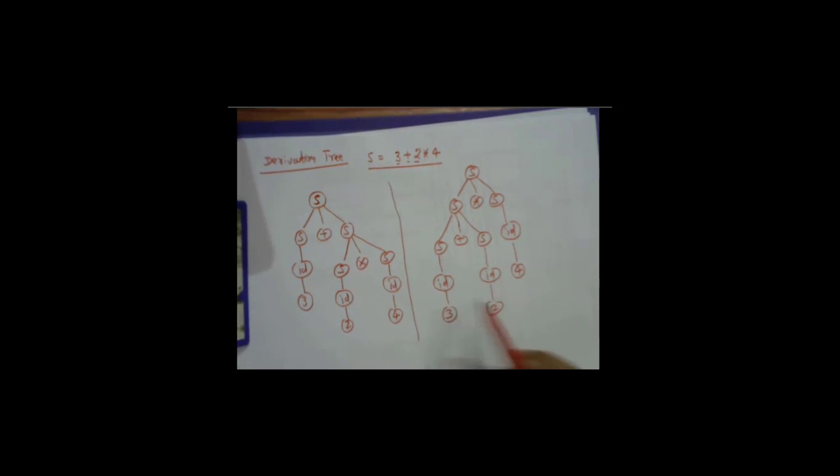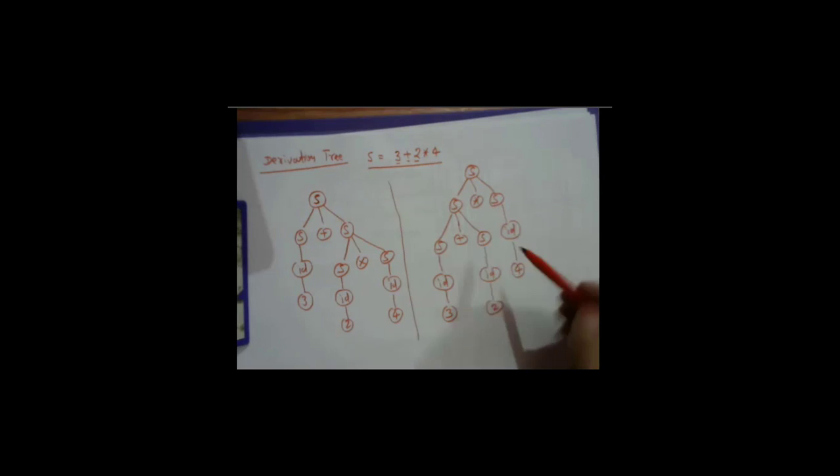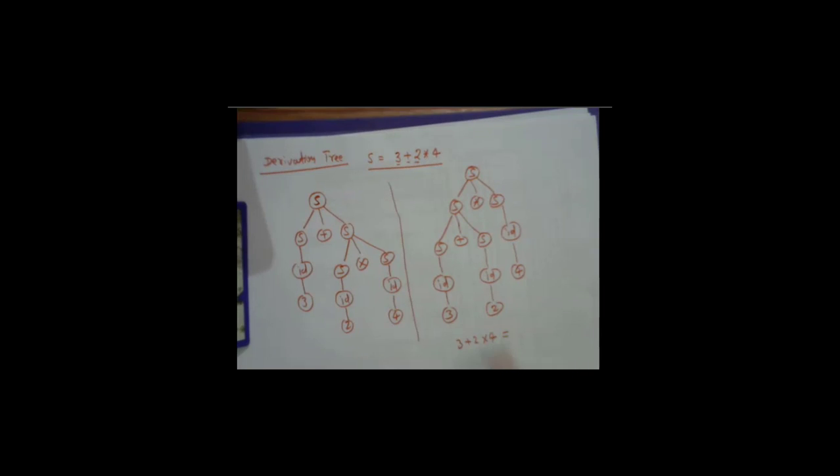And in this tree, if you calculate the result, then you get 3 plus 2 is 5, and 3 plus 2 into 4 is equal to 20. And here 3 plus 2 plus 4 into 4 is equal to 11, and there is 20.